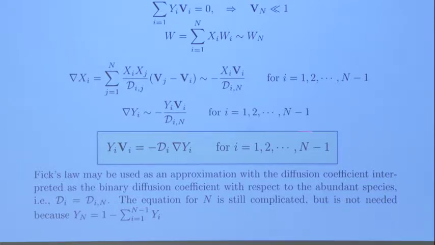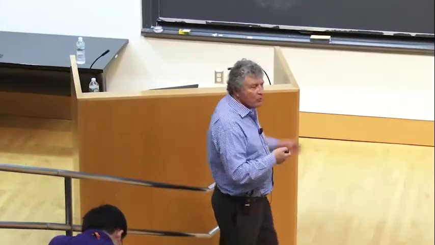So if you're assuming Fick's law in your species equation, never use all the N equations, because if you do that, you're not conserving mass. You have to only use N-1 relations with the N species obtained from this relation. I'll probably emphasize that comment. I'll make that comment again later.